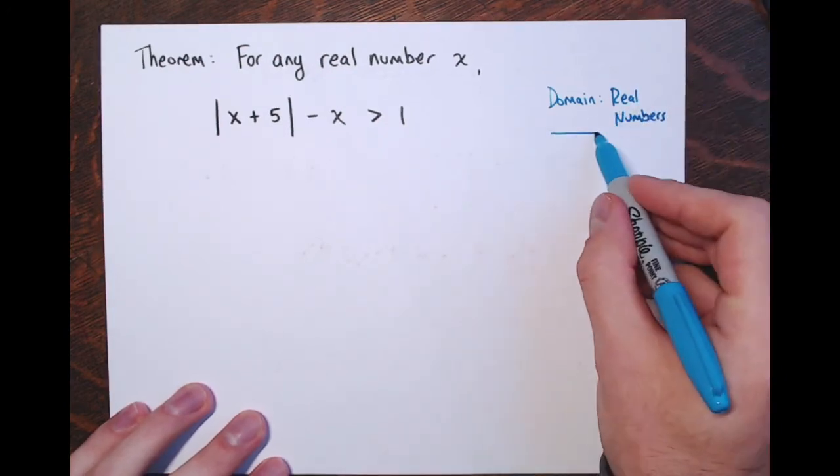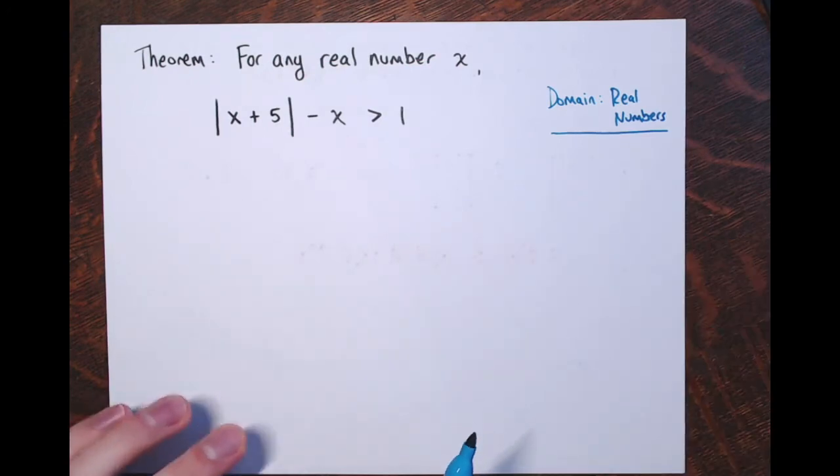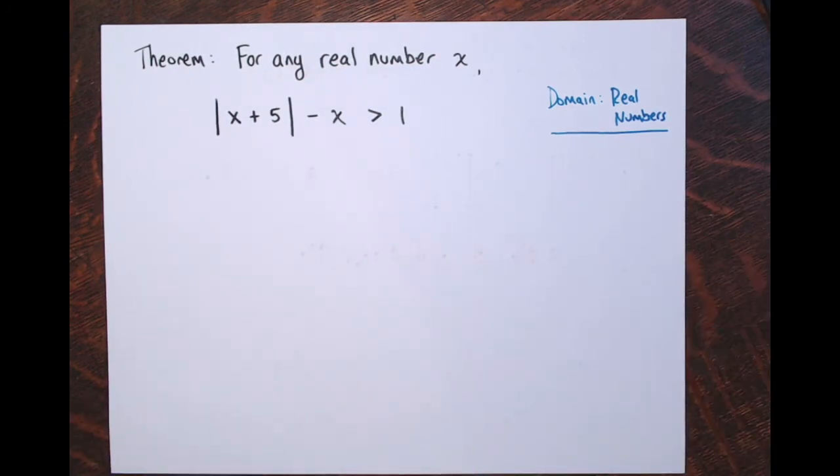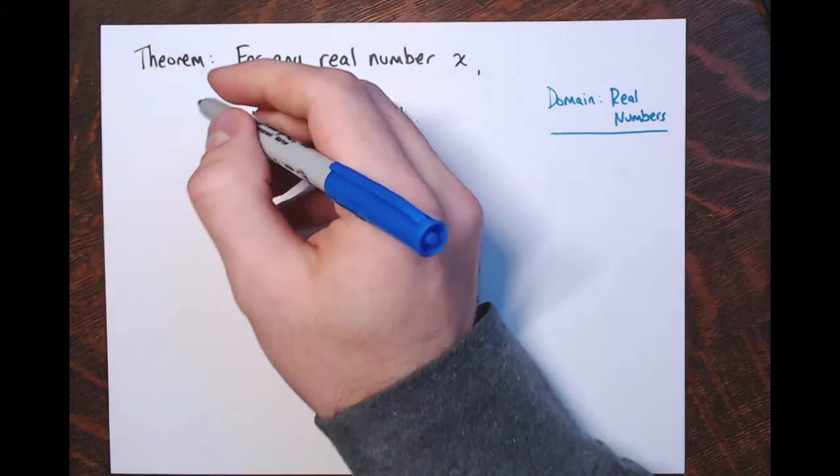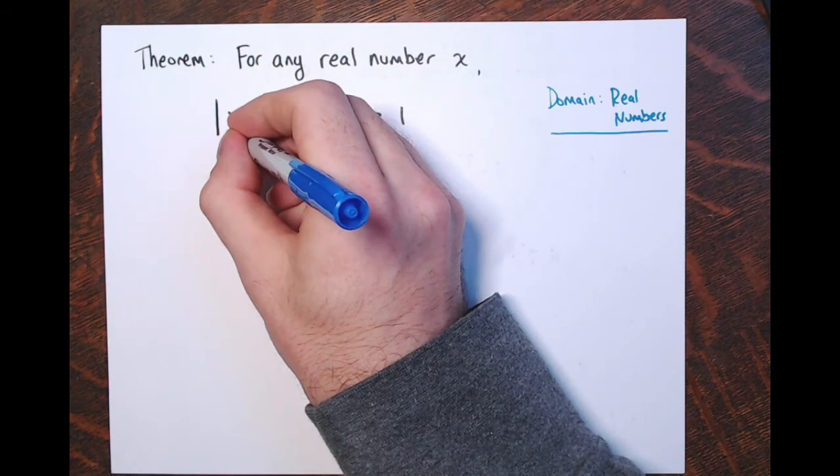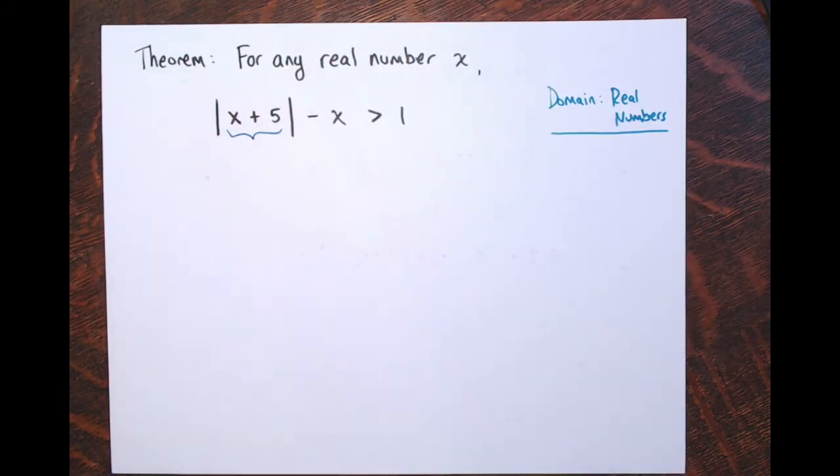And we're going to break this up into cases, into pieces. Now this is a statement involving absolute value, and how absolute value is expressed depends on the value inside. The value inside here is x plus 5.